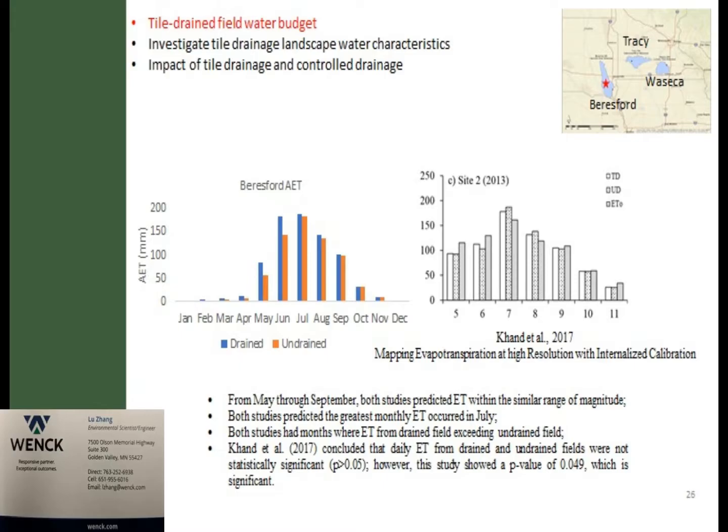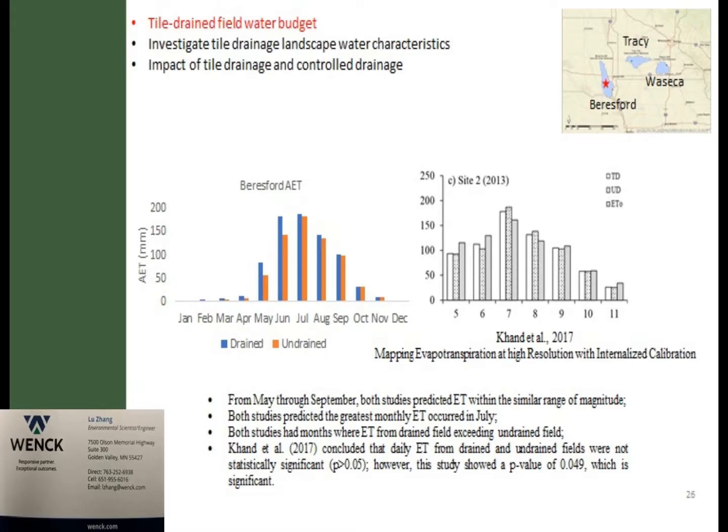On that one, you can't see the clear bar; that is the drained field. The undrained is the one that was down. So in June and September, the drained field has higher evaporation than the undrained field. No, actually I was wrong. The other one is the reference ET, which you don't have to look at.